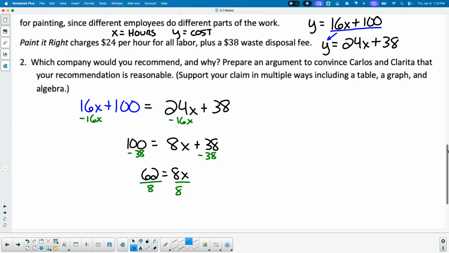Gives me, what is that? 7.75? Right? So if they work for 7 3/4 hours, it's the same. Agreed?